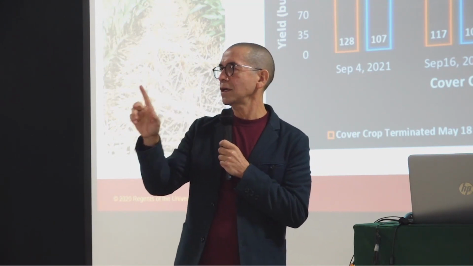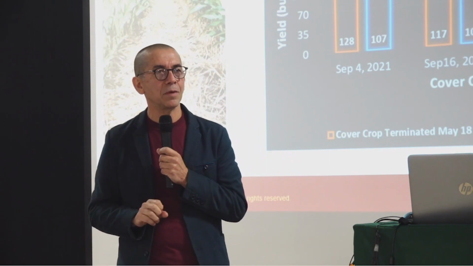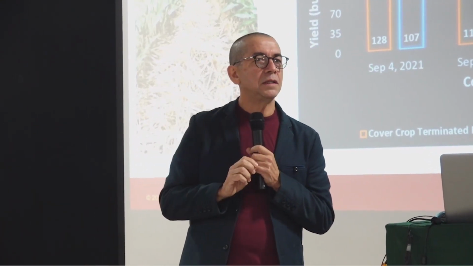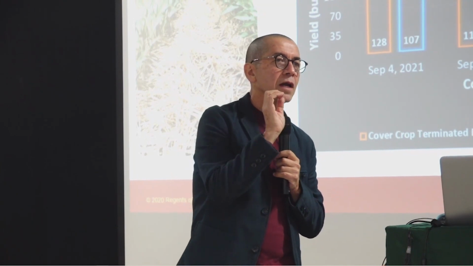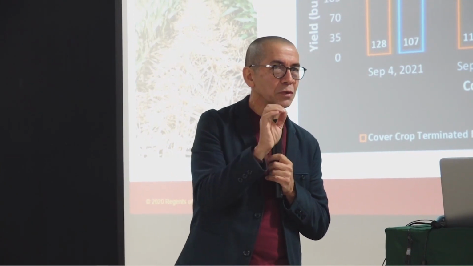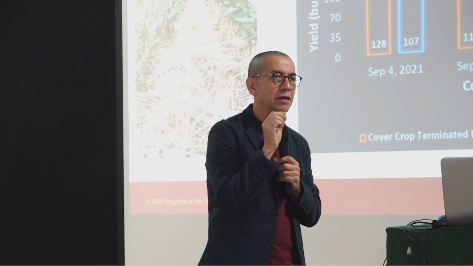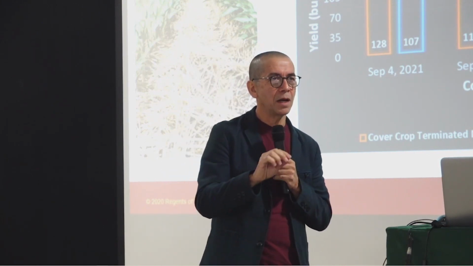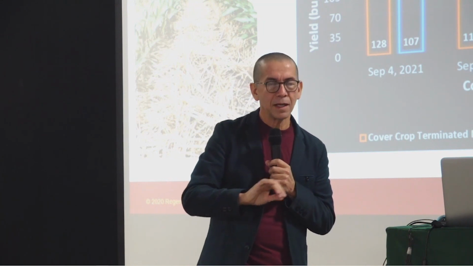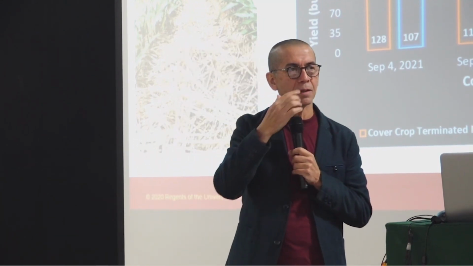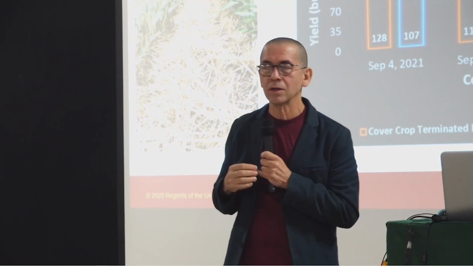Someone in the audience was saying that if we are able to put the nitrogen on, and what I did here is I terminated and I fertilized, okay? I put the full nitrogen at once right after I planted and terminated the cover crop.